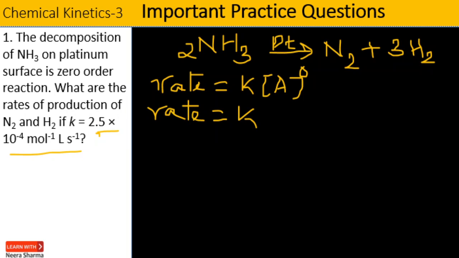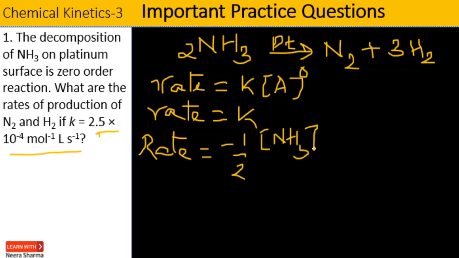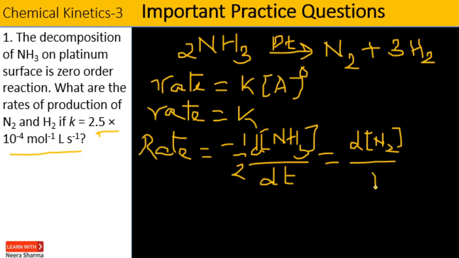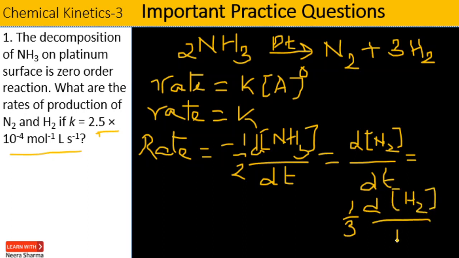Now what else can we write about rate? We can write rate in terms of ammonia as minus 1 by 2 d[NH3] by dt, which will be equal to d[N2] by dt, which would be equal to 1 by 3 d[H2] by dt.